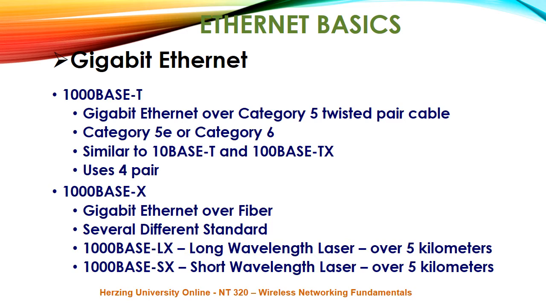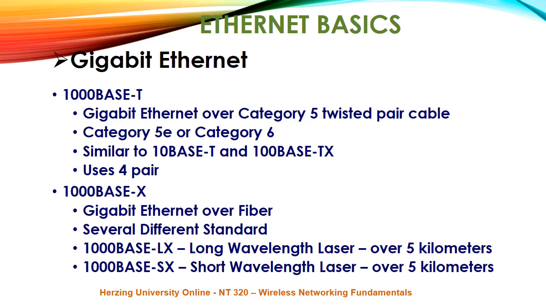There is also a standard for gigabit communication over fiber connections. The 1000 base X standard is gigabit Ethernet over fiber. There are several different standards associated with that. 2 of the most common are 1000 base LX, which is a long wavelength fiber for long distances.